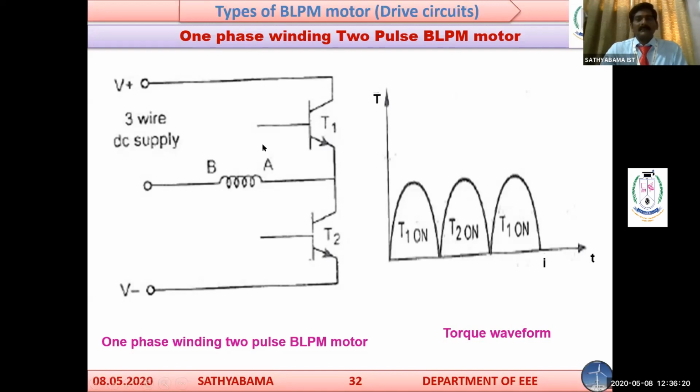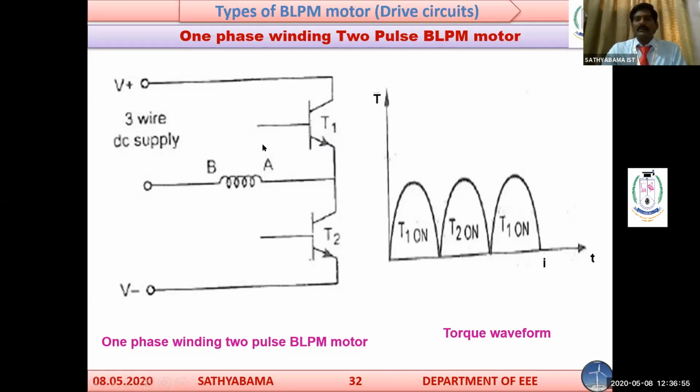In the first case, when T1 is turned on, the current passes through the winding from A to B, whereas in the second case, when T2 is turned on, the current flows from B to A. The polarity of the flux set up by the winding gets altered depending upon the position of the rotor.